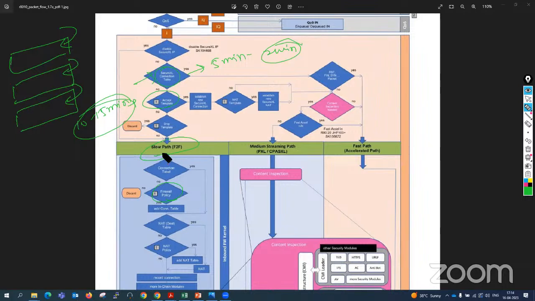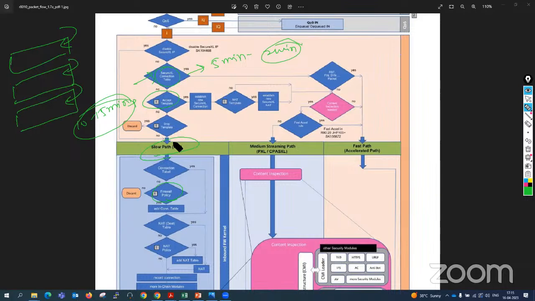There has to be one mechanism where I can maintain one record. It will not be a very detailed mechanism, but I will maintain one particular entry in my accept template that this traffic was allowed. Then on the basis of the incoming packet, based on the source, destination and port number, I will again insert one entry in the connection table.